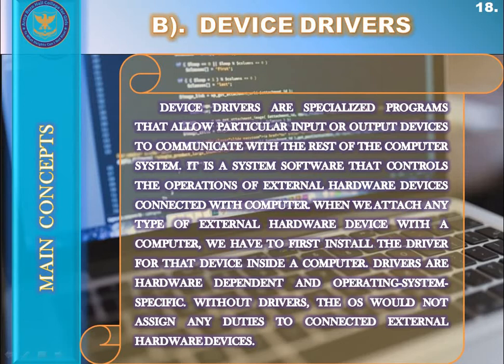Even though device drivers are not visible to the ordinary user, they are almost always working in the background when you use a hardware component. Device drivers are specialized programs that allow a particular input or output device to communicate with the rest of the computer system.